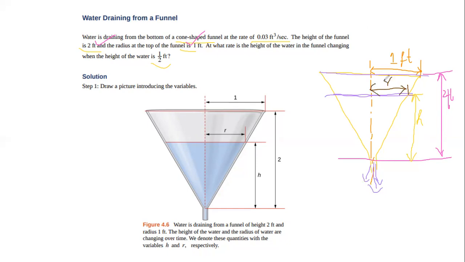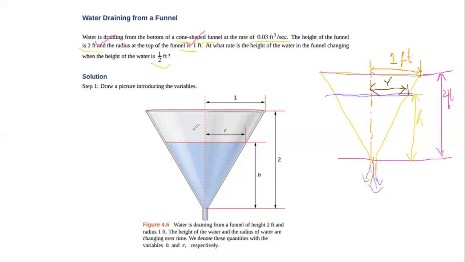Again, elaborating, first I have to draw a picture involving different variables. Okay, so first there is water draining from a conical shaped funnel. The height of the funnel is 2 feet and the radius is 1 foot. Now as the water discharges from the end of the funnel, the height of the water and the radius are changing over time.